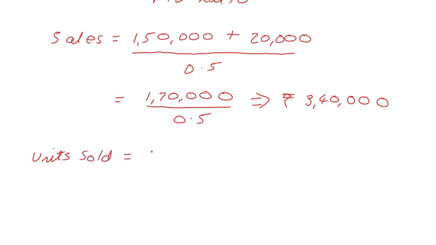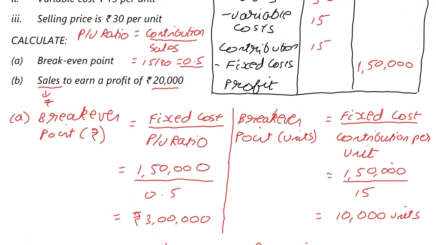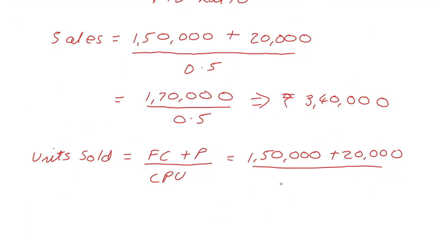Units sold is equal to, and I'm just writing short forms, fixed cost plus profit upon contribution per unit. That is the same 1,50,000 plus 20,000, divided by the contribution per unit, which I know is 15.